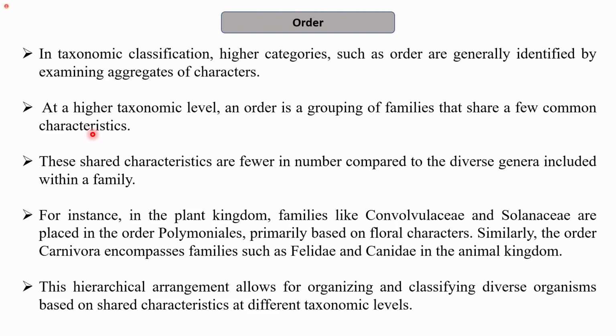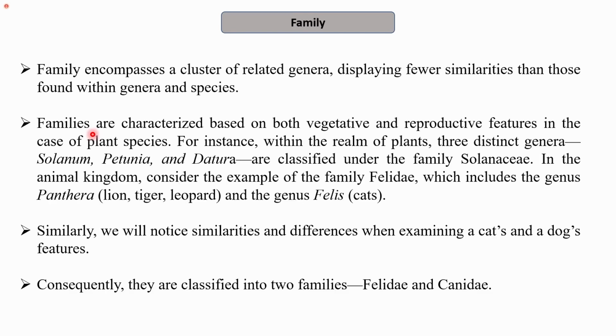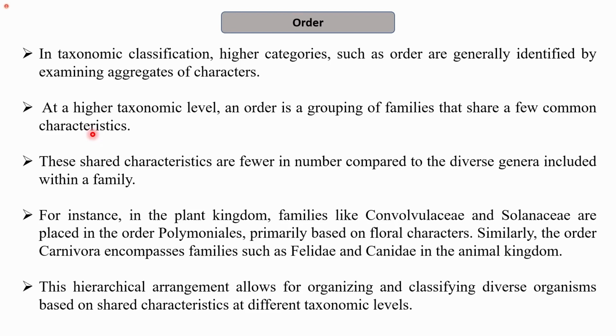So Felidae and Canidae are different families, one belonging to the cats and one belonging to the dogs, but both of them belong to the order Carnivora. As I move towards the higher taxonomic categories, the shared features lower down. So the shared characteristics are fewer in number.